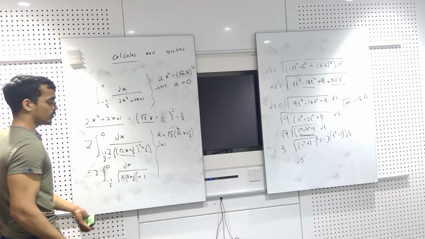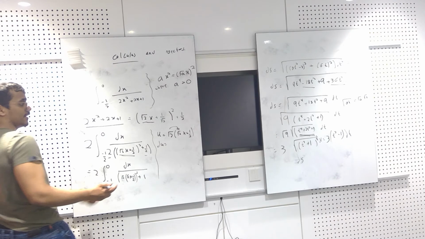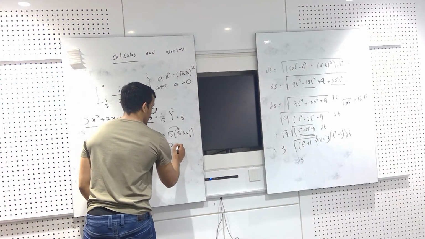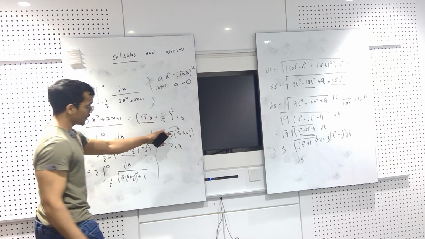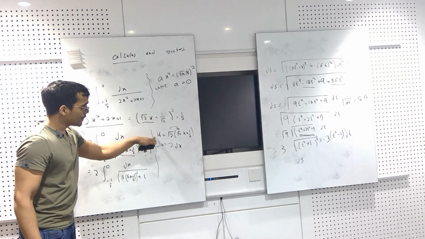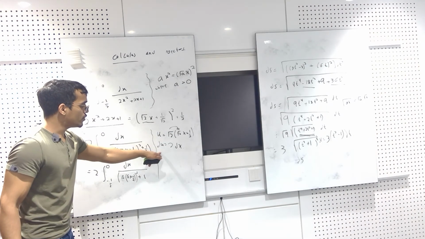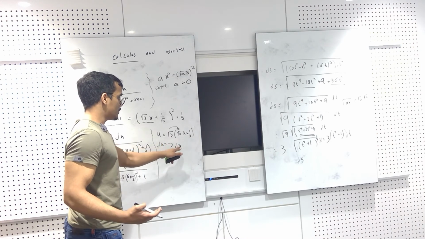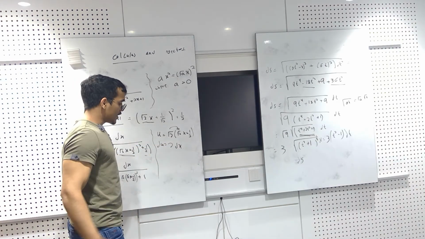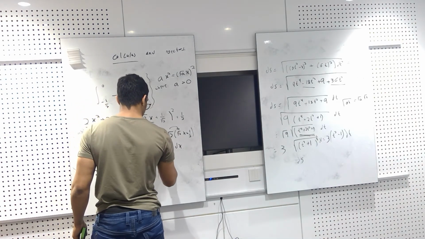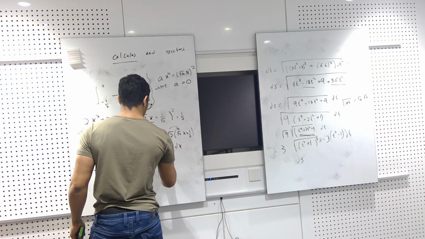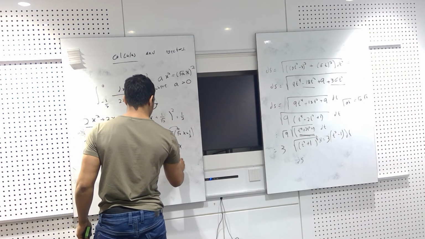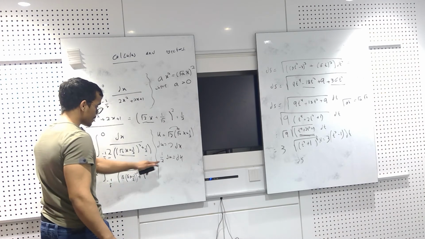In this case, du will be equal to 2 dx, because we differentiate this thing with respect to x, like in the first question, and that gives us 2. So 1 over 2 du equals dx.